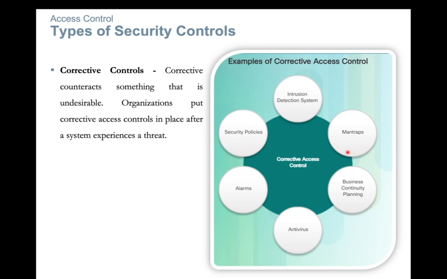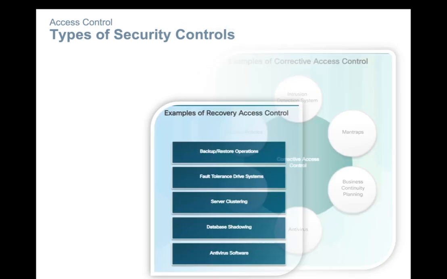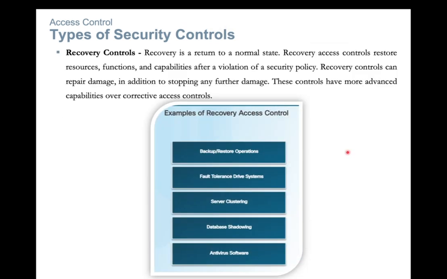Another type of security control is recovery control. Recovery control is a return to a normal state. Recovery access control restores the resources, which may be network resources, end device resources, or functions and capabilities after a violation of a security policy.